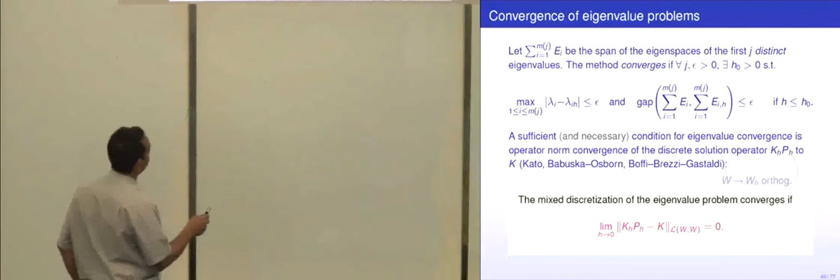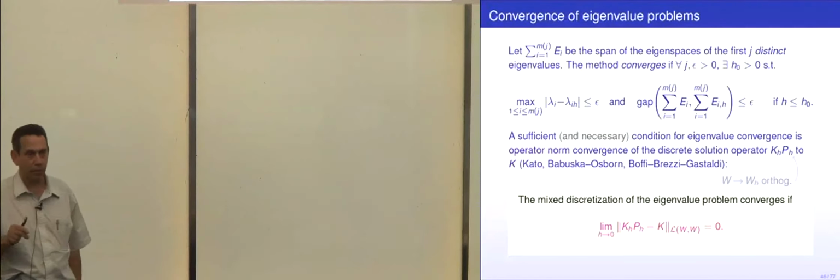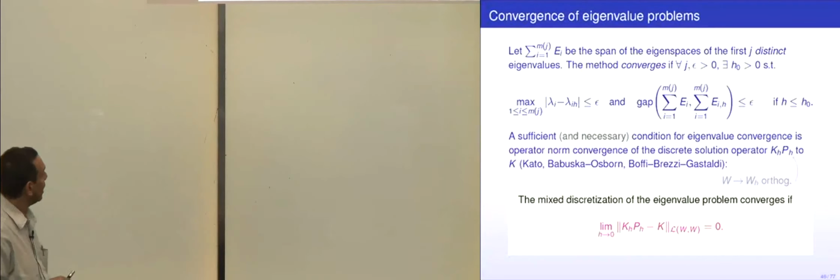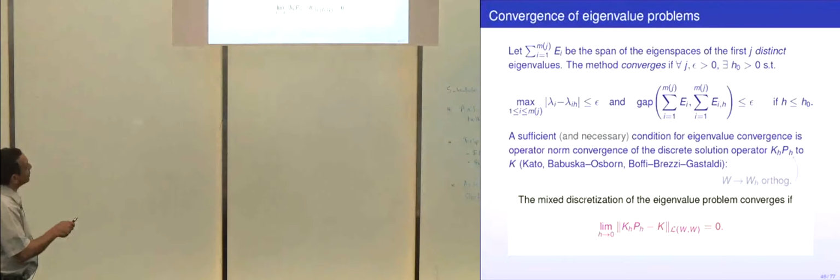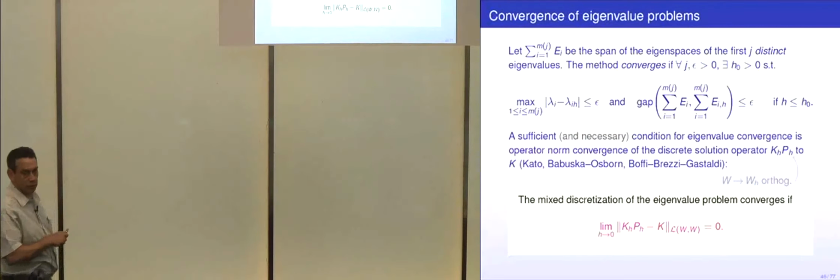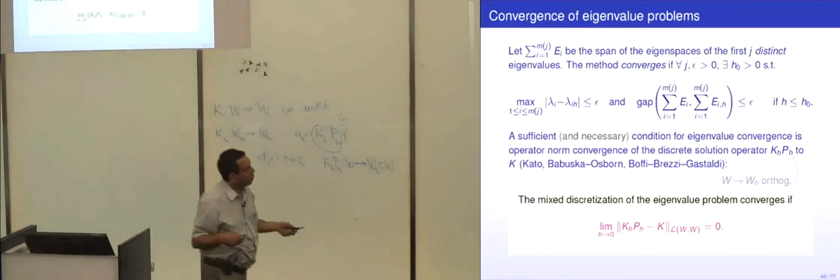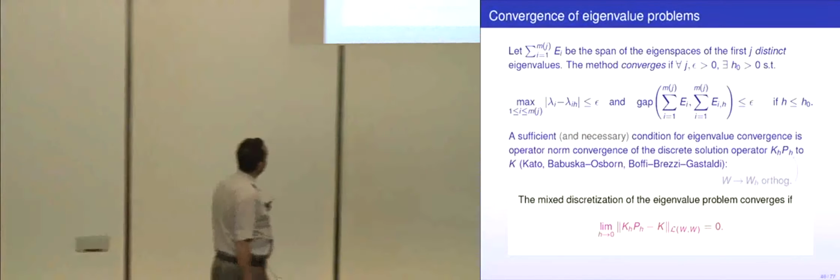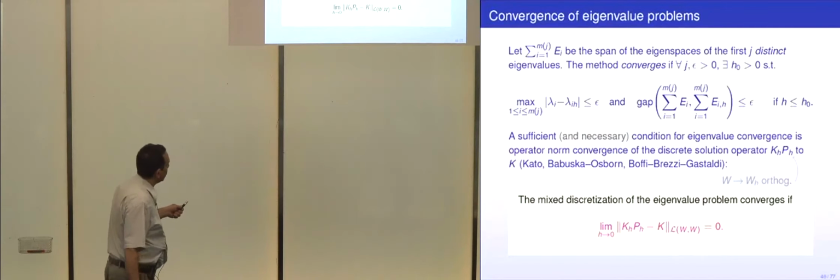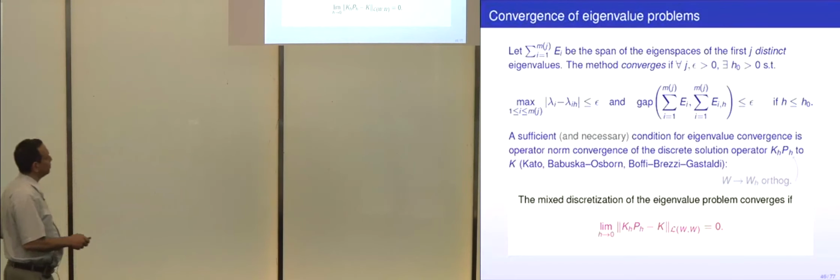And the condition is their difference as a linear operator from W to W converges to 0 in operator norm, not pointwise. If that happens, then that implies this, which is eigenvalue convergence in a very strong sense. So that reduces the question to, can we prove it from our error estimates? This is the solution operator, so this is really a question about the source problem. If you have the true solution of the source problem minus the finite element solution of the source problem, does that go to 0 in this operator sense?